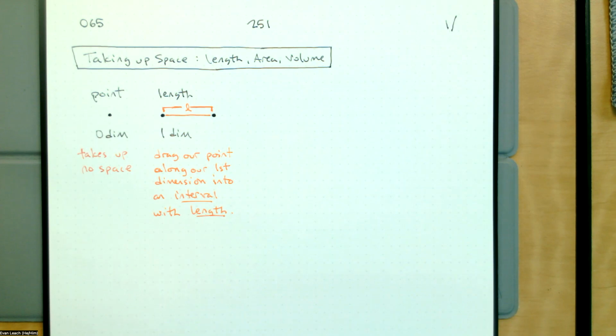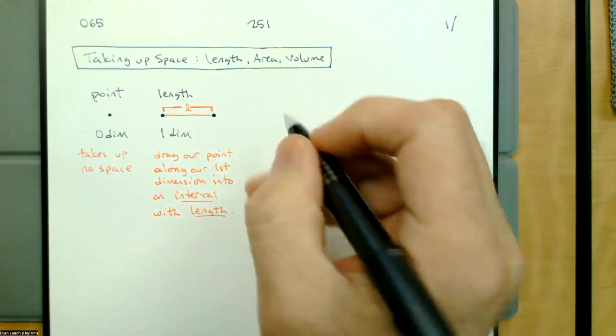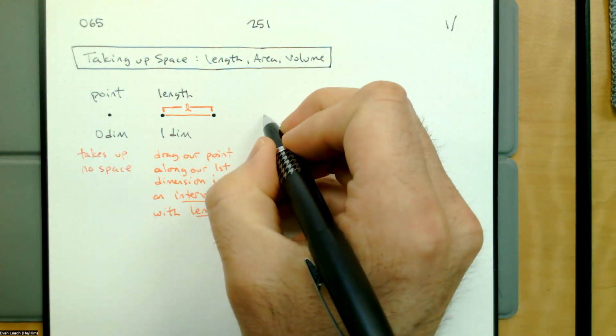Now that I've got this length, I'm going to turn this into area by adding another dimension that we're allowed to move into. I'm going to take the same interval and add a second dimension. This dimension is going to be up and down.